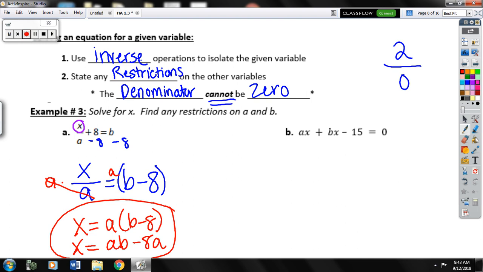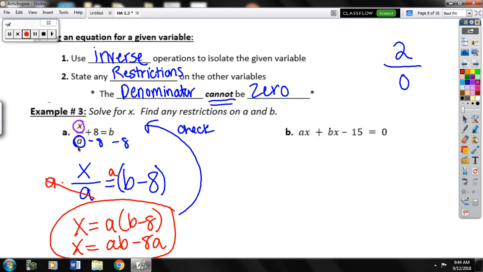Now, we do have to state any restrictions. Remember, the only restriction is if the variable would be in the denominator. Okay, well, we have no fractions on our final answer, right? So most students would think no restrictions, but you do have to always check the original. Is there a denominator that is a variable in the original?